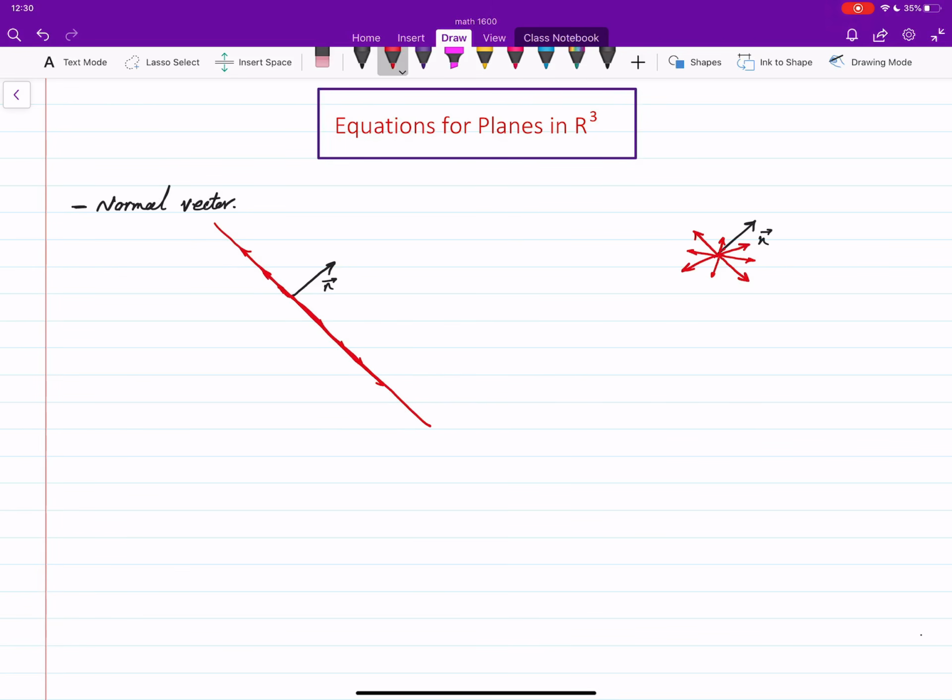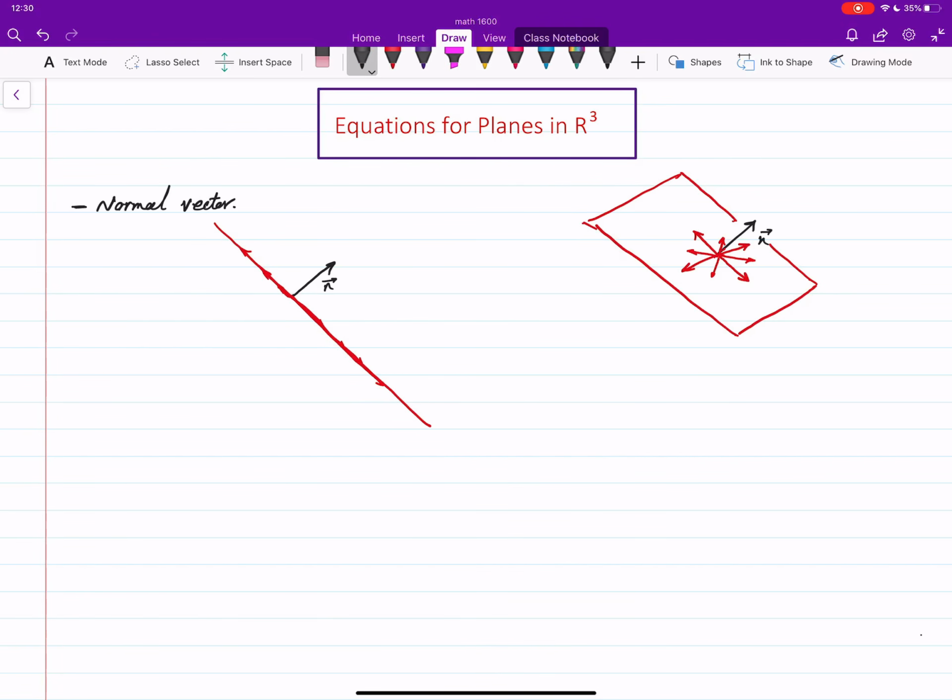All these are somehow orthogonal to that vector n. And if you take all the endpoints, you will see that it forms a plane in R3. So this is the main idea, and we use that.